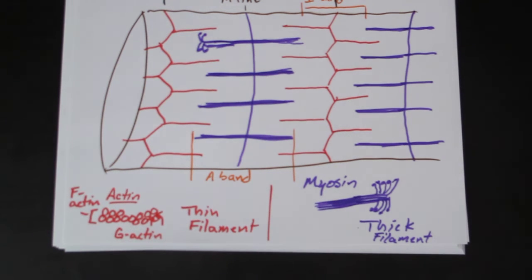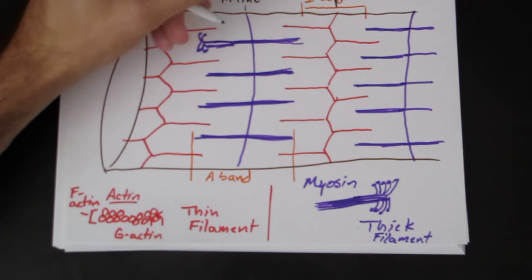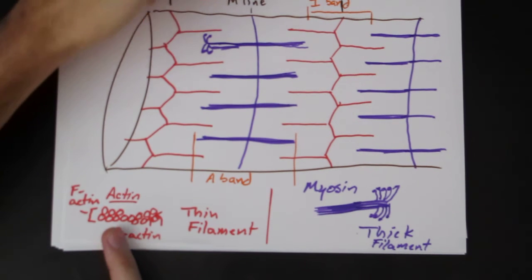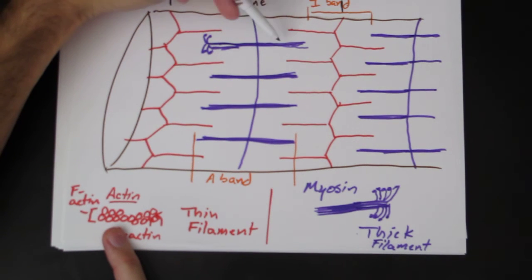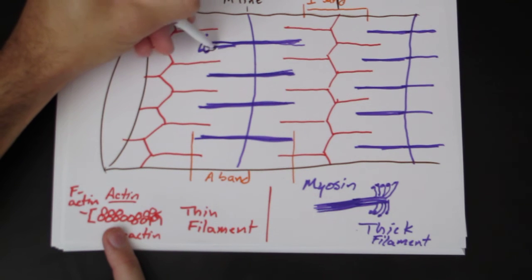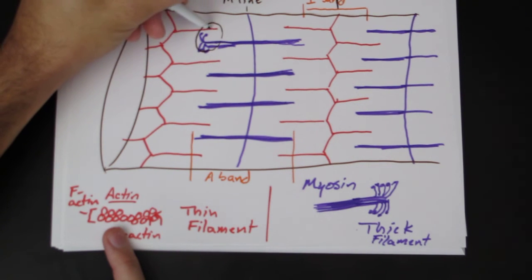All right. There's one other portion of this that I want to point out because it's going to become important as we move through this. You'll notice that within this individual dark band that I've drawn for you right here, there is a portion of it where the thin filaments and the thick filaments overlap.